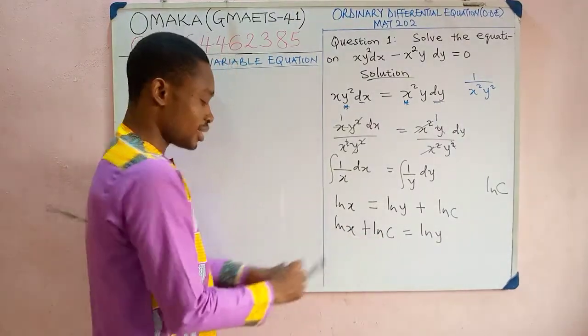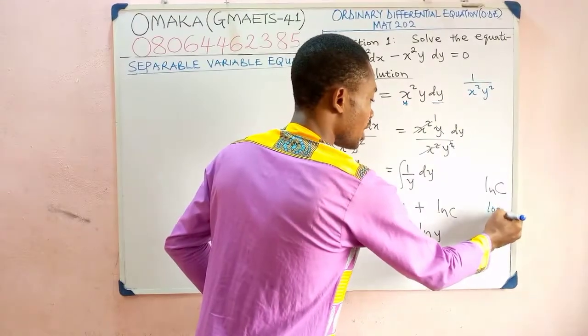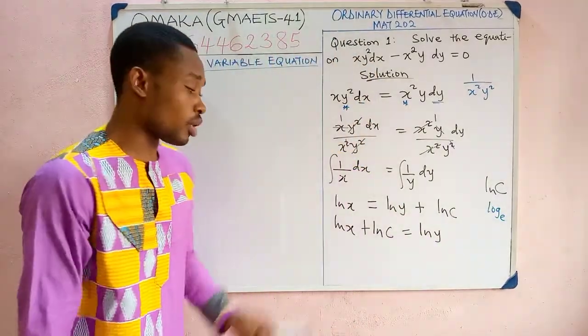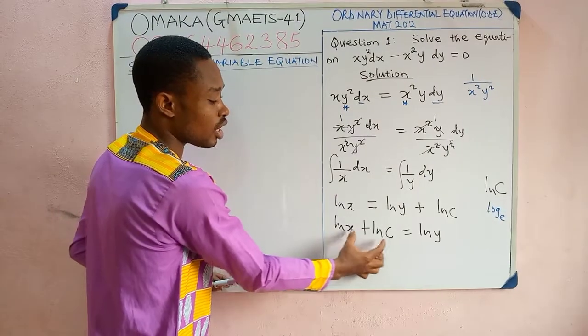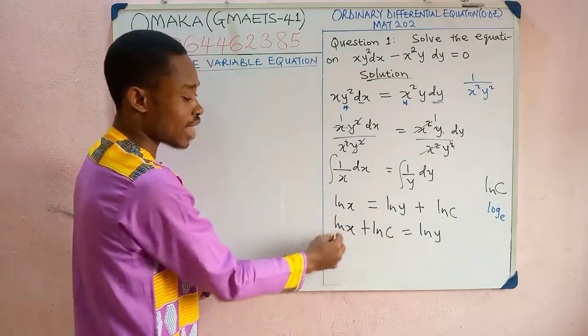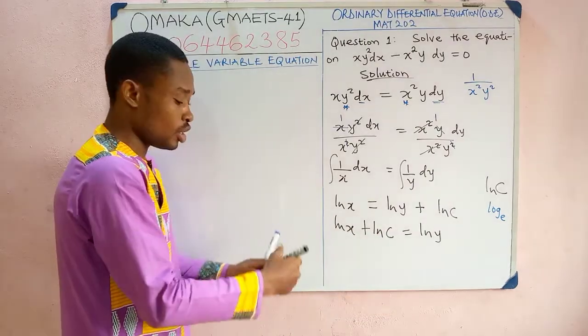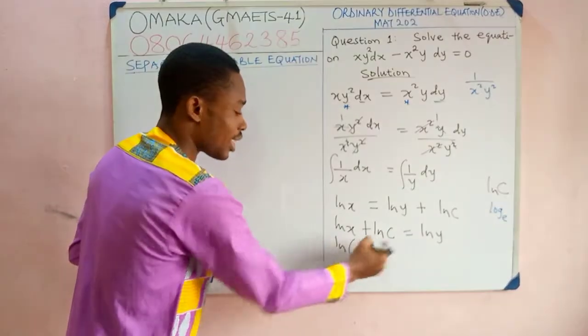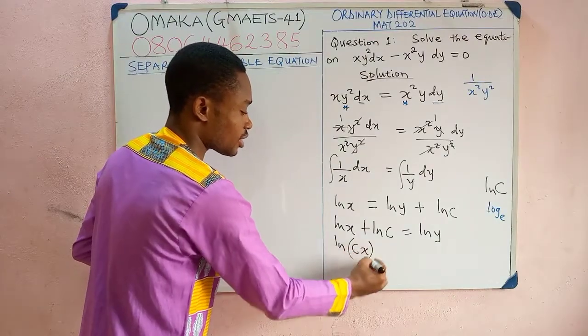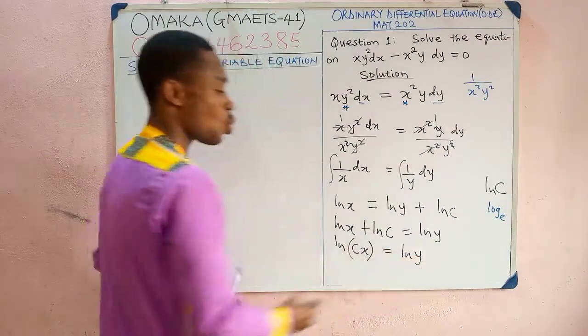Now, ln is the same as logarithm to base e. We know that, is that not so? So laws of logarithm also apply to it. According to laws of logarithm, if you are adding logs of numbers, as long as the logs are in the same base, you pick one of the logs, in this case ln, then multiply the numbers, c times x, and everything will be equal to ln y.